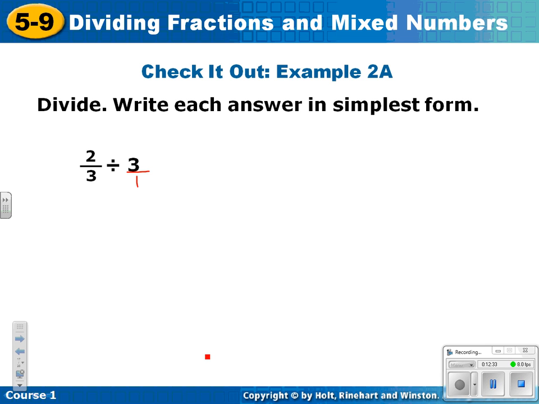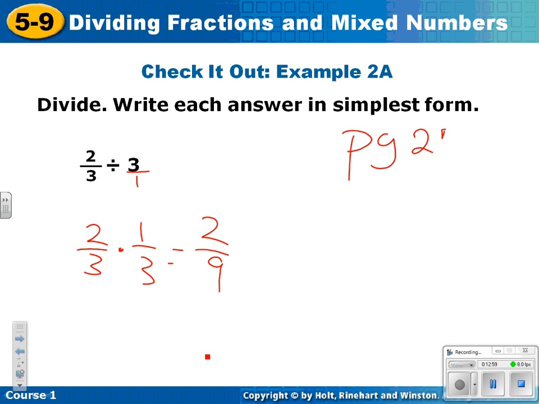Remember, this is 3 over 1. So we have 2 over 3, and then we multiply by 1 over 3. We just flip it. 2 times 1 is 2. 3 times 3 is 9. There's your answer. For your homework, I would like you to do page 272, 14 to 52 even.